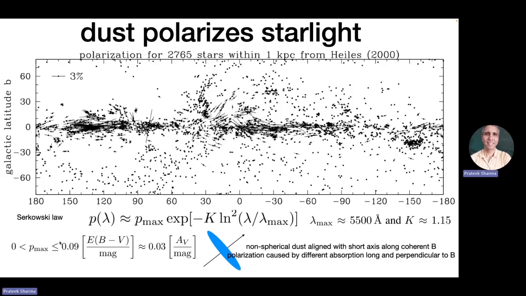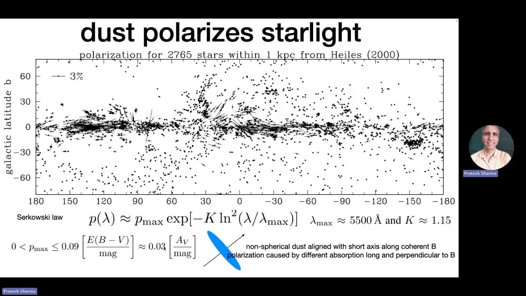The other thing is the P max: the more the column, the more polarization you will have, because the differential absorption will just be integrated along the line of sight. So P max roughly goes like this. This is an observational thing, not a model.